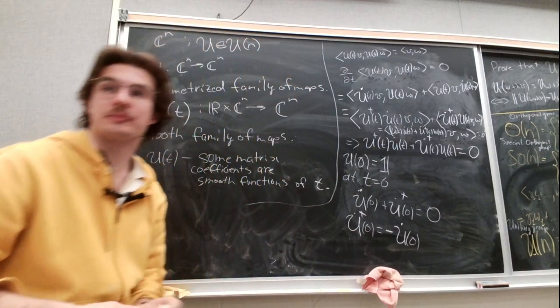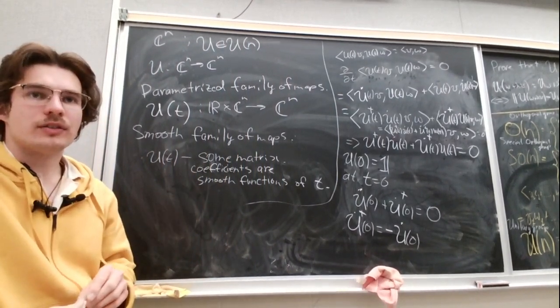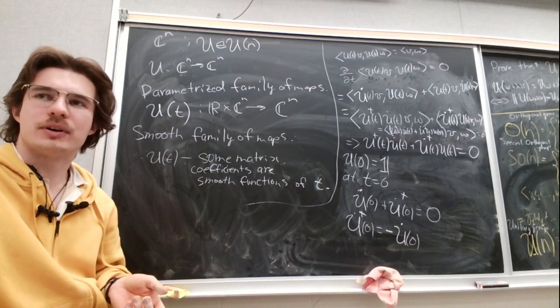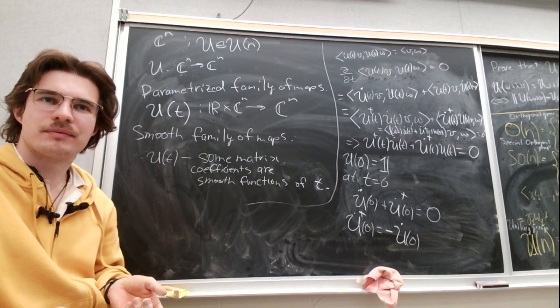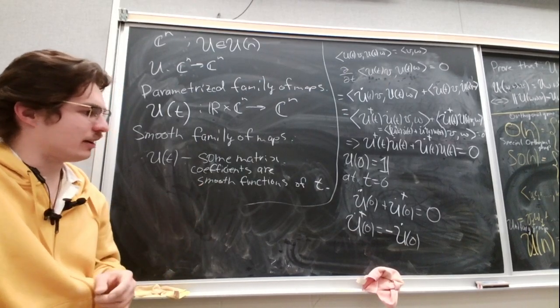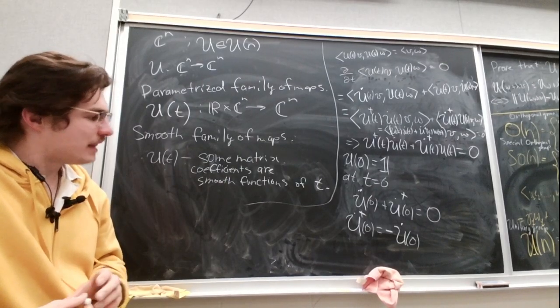Do you agree? So this kind of matrix, u dot, is called what, anti-Hermitian? It's called anti-Hermitian. Very good.